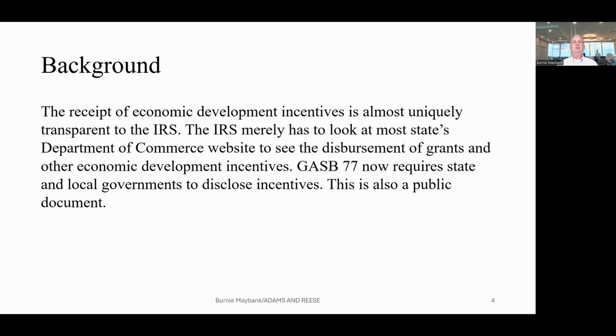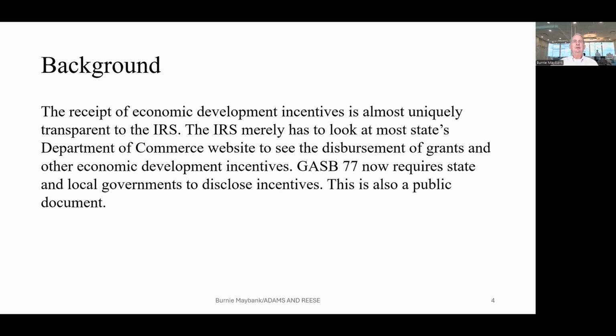By contrast, this is literally probably the easiest way for the IRS to discover income. All they have to do is look at most states' Department of Commerce or county websites to see the disbursement of grants and other economic development incentives to entities. GASB 77 now requires state and local governments to disclose incentives, and this is also a public document.